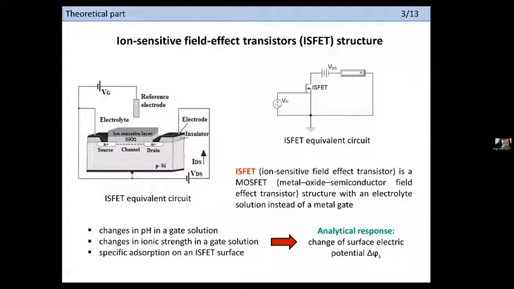You can also modify the surface layer with something like DNA or aptamers to have a sensing layer on top of the ISFET structure. So you have both the sensitive layer and the signal transducer in one circuit element.